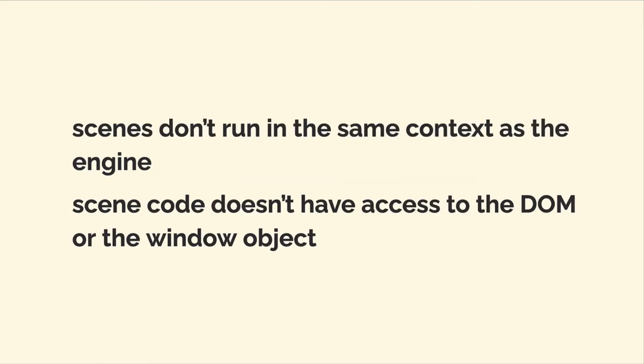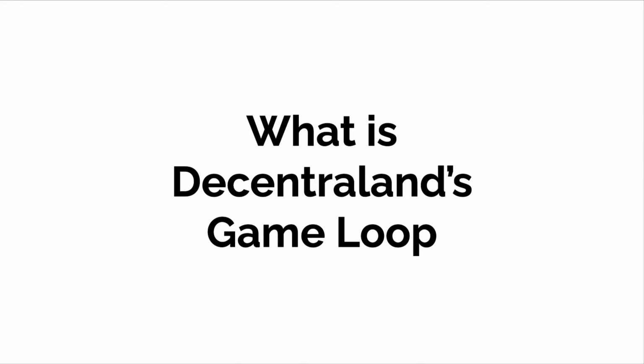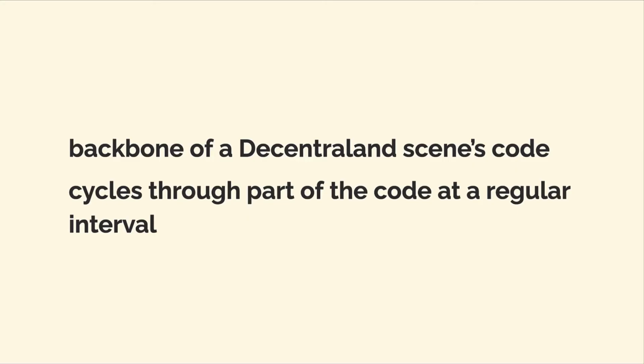Note that scenes don't run in the same context as the engine. That means that the code of a scene cannot access the web page document object model or the window of the web page. As well, Decentraland has a game loop. This is the backbone of a Decentraland scene's code.